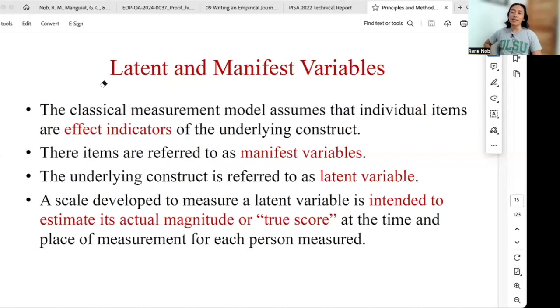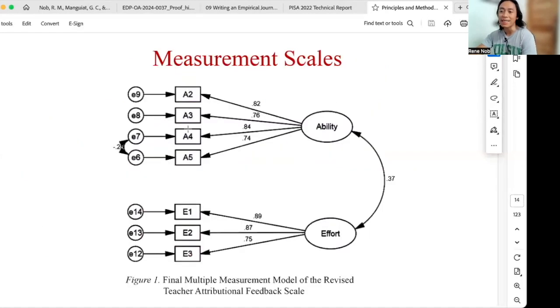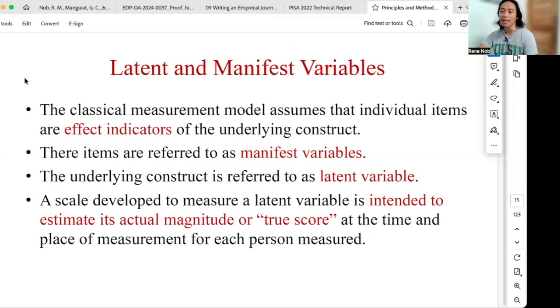So, the classical measurement model assumes that the individual items are effect indicators of the underlying construct. So, these are indicators. And you will notice the arrowhead. No? It suggests that the construct influences the way we respond to these items, and that our responses here are an effect of the construct. And that's why they're called effect indicators.